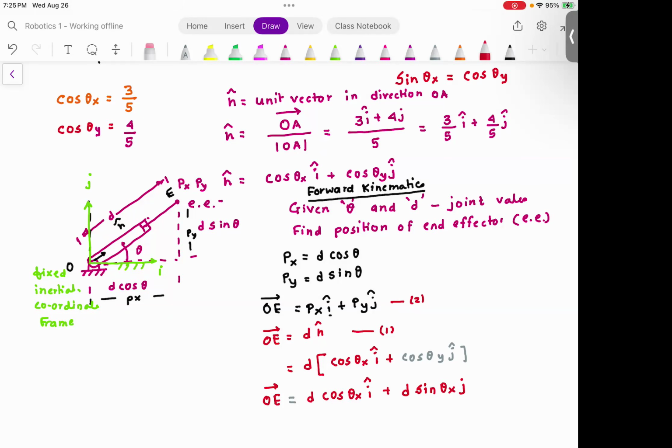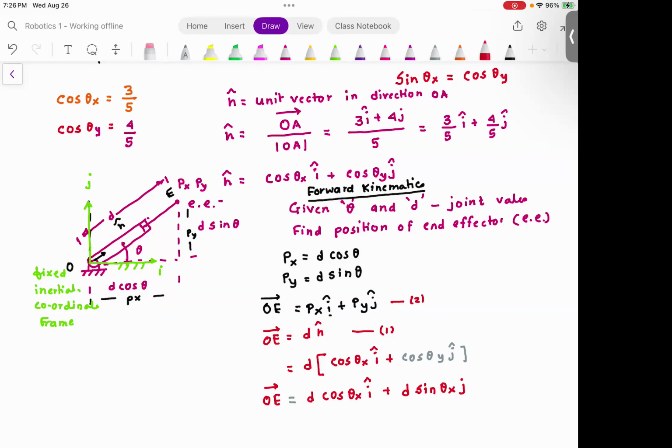Now, what did we do? We did a very important step, which is called the coordinate transformation. What is coordinate transformation? Whenever you have a robot, it has different coordinate systems. The first coordinate system will be inertial or fixed, but all other coordinate systems will be attached to the links.